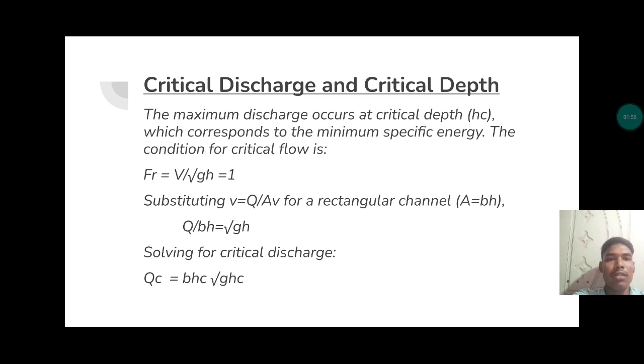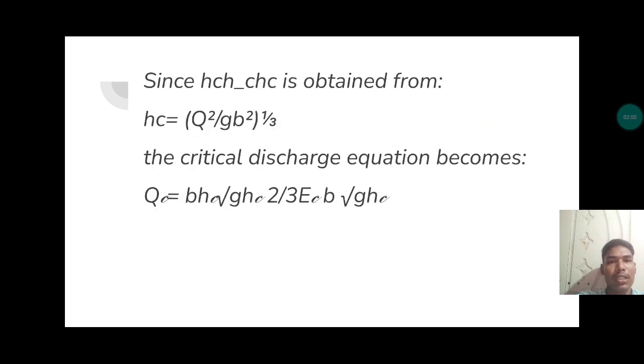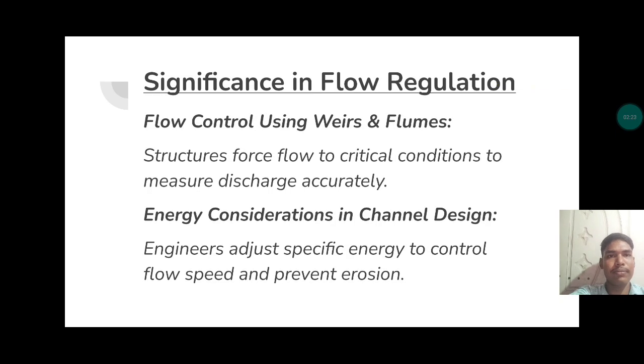Solving for critical discharge, QC is equal to B HC root G HC. HC is obtained from HC is equal to (Q square by G B square) to the power 1 by 3. The critical discharge equation becomes QC is equal to B HC root G HC, or 2 by 3 E B root G HC. This is the critical discharge equation for the specific energy curve or discharge curve.